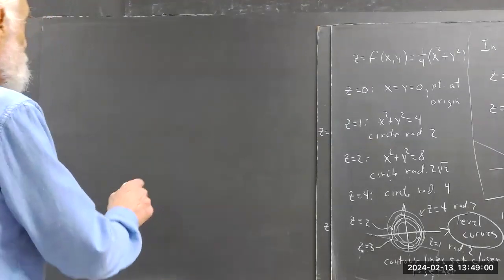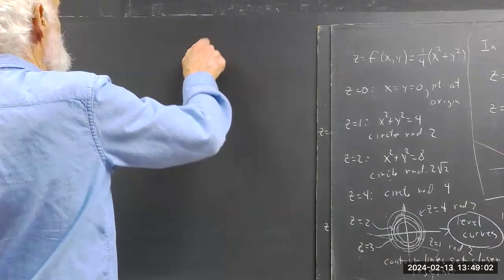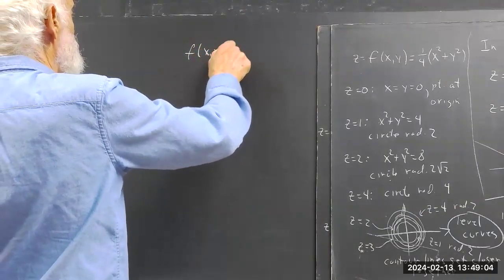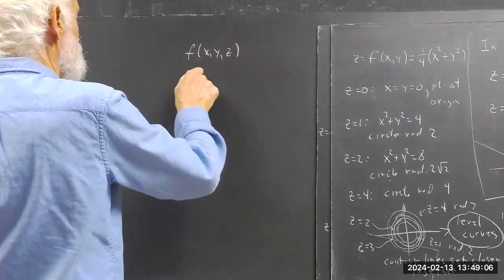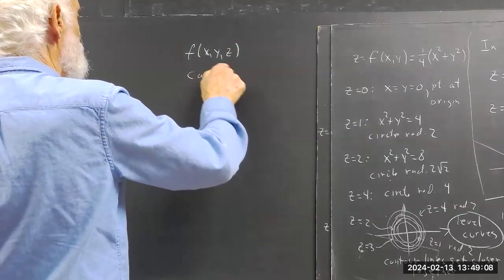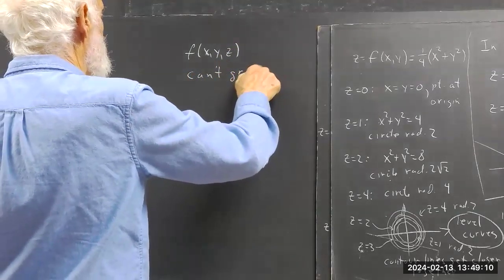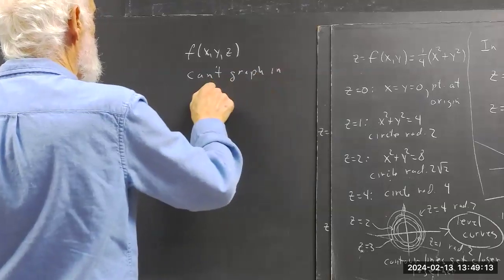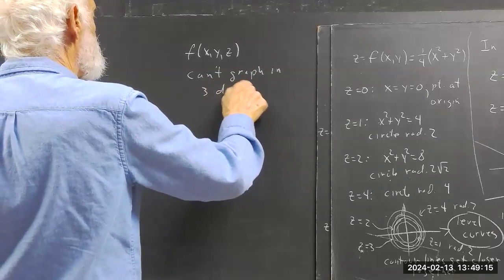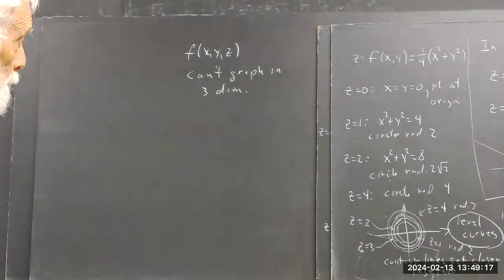So if you've got f of x, y, and z, you can't graph it in 3 dimensions.